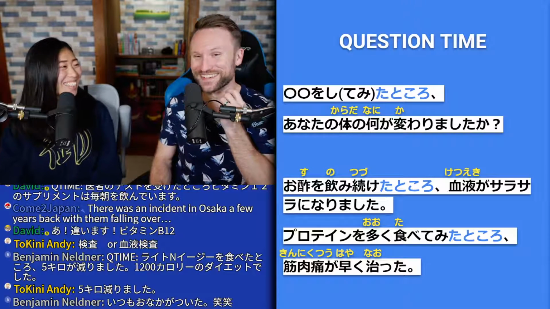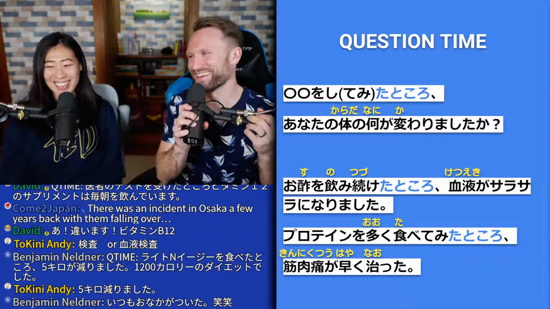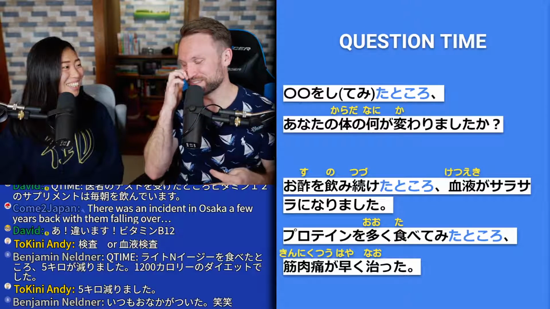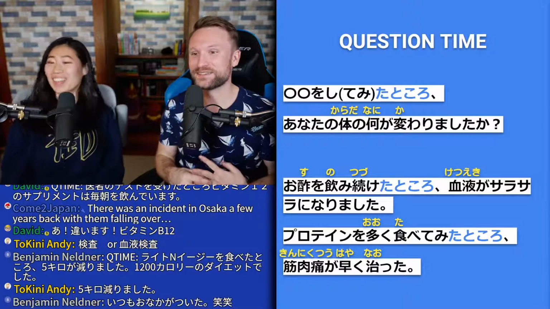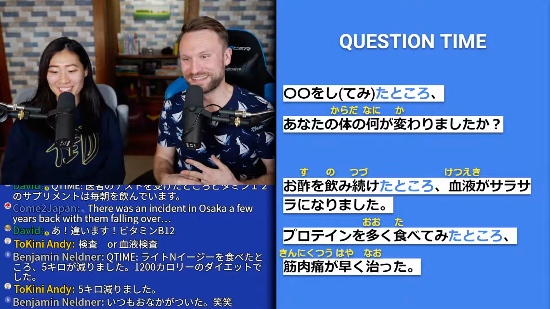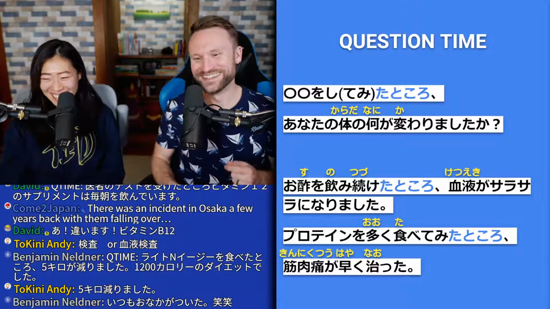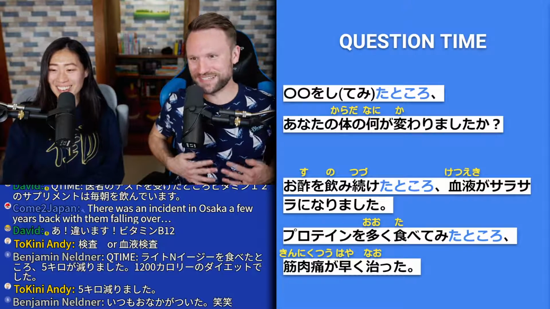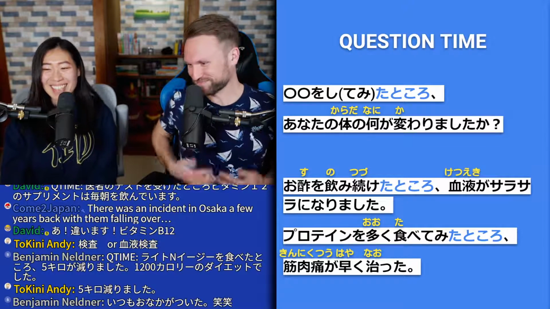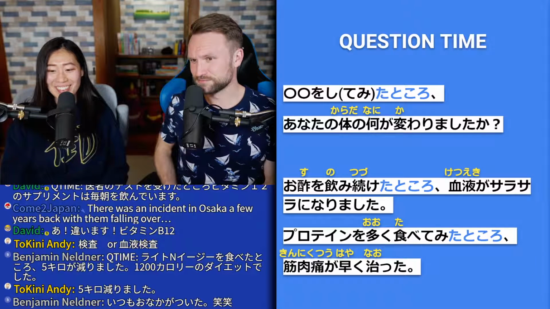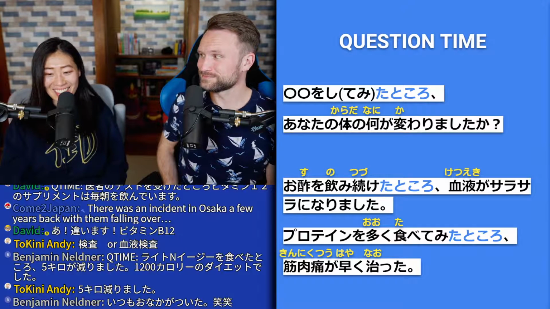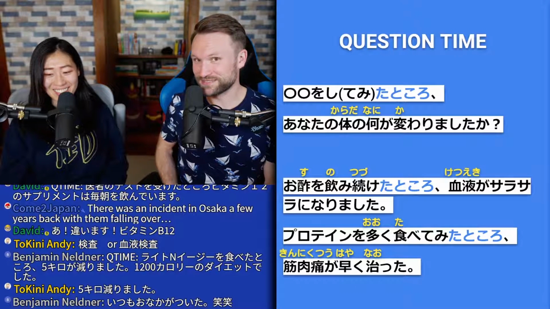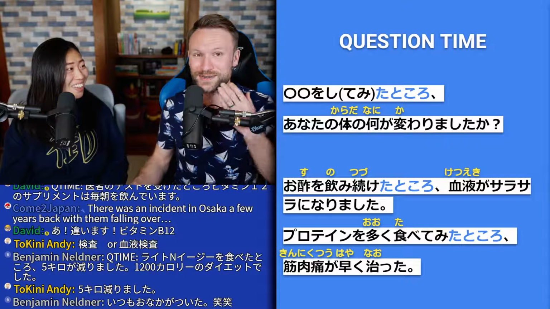Yuki said when she ate kombu, kombu is, what is that, seaweed? When she eats seaweed, her hair turned black, apparently. Someone should search that and let us know in chat if that's true.